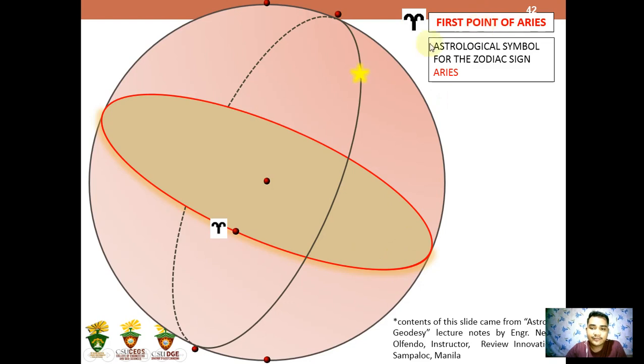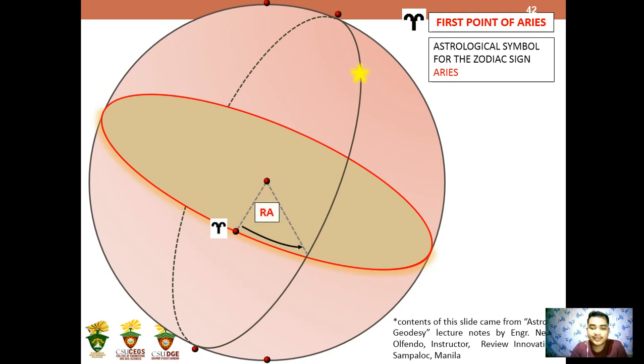Again, the first point of Aries is where the vernal equinox, an astronomical phenomenon, is seen. Then we have here the angle from the vernal equinox, what we call the first point of Aries, to the star, or the location of the star. That angle is what we call the right ascension angle.